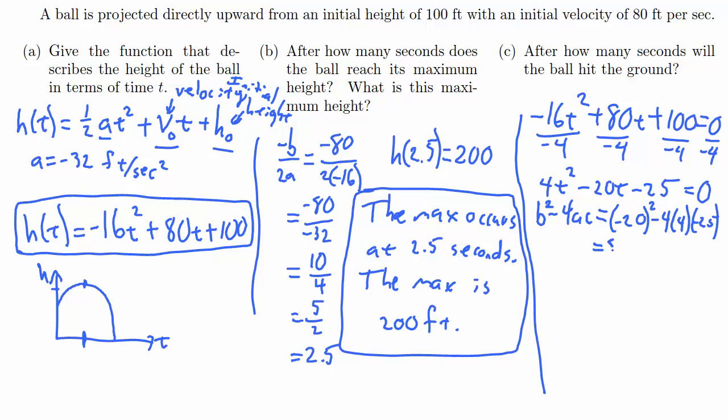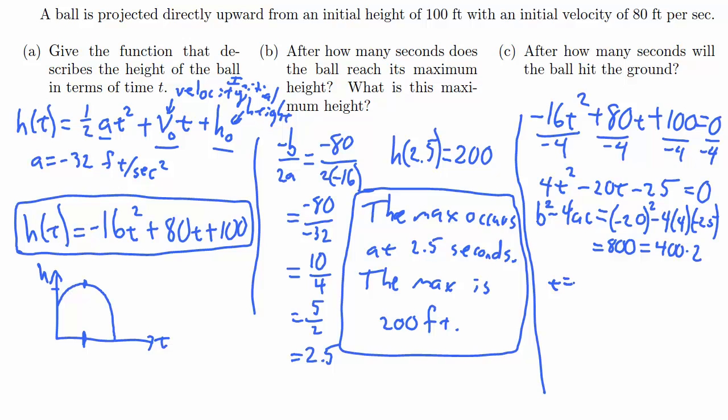So this is actually 800. And you can think of 800 as 400 times 2.